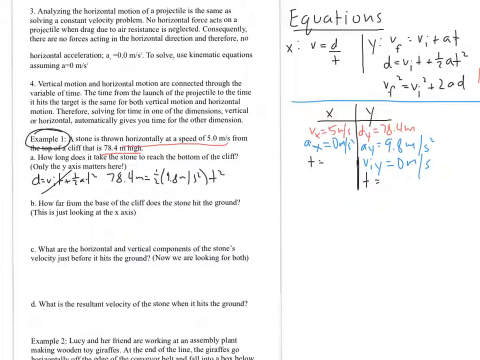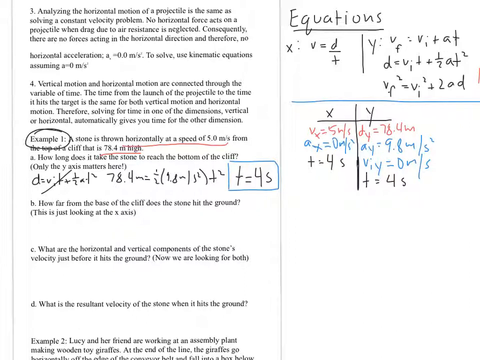When we solve for t, you should get a time of 4 seconds. Since we solved that in the y and time is the only variable that crosses over, we can write that over here on our x side.